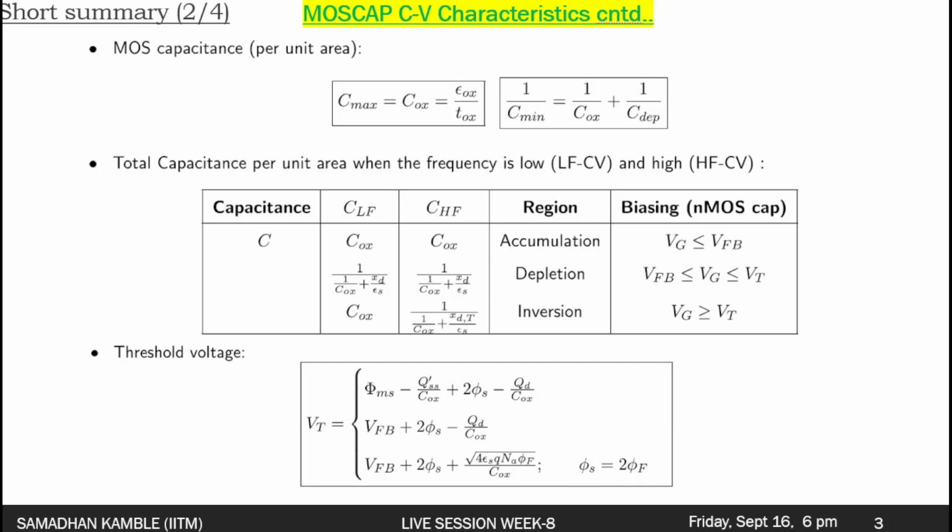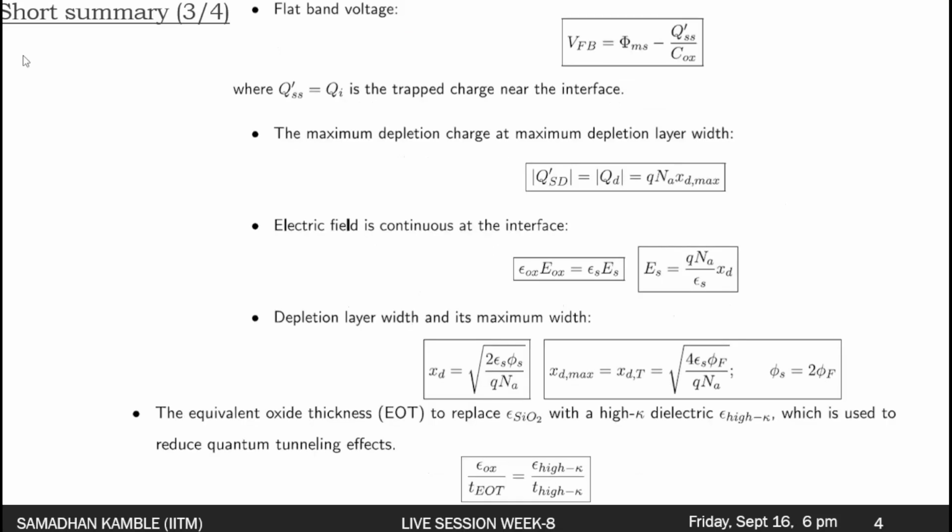Going to the third slide, which is for continuing the recap. Again, I have summarized a few of the results here. The flat band voltage is given by phi ms, which is the difference of the work function of metal and semiconductor, minus q prime ss by C ox, where q prime ss is the trapped charge near the interface.